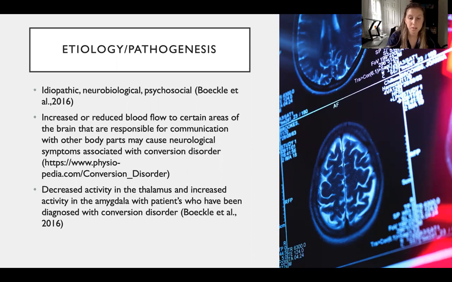It is possible that these changes in blood flow may be caused by the brain receiving information about physical or emotional stressors and therefore avoiding using certain parts. More specifically, Bokel found a decrease in activity in the thalamus and an increase in activity in the amygdala.